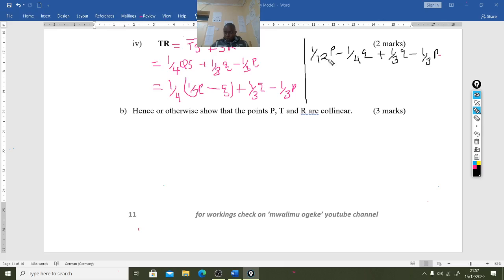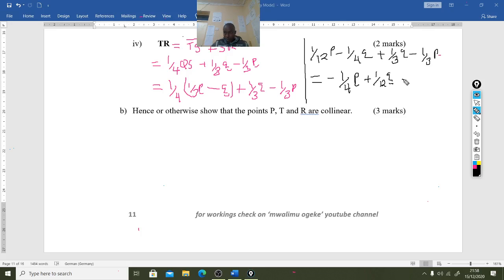So that if we put like terms together, this and this one, we shall get negative a quarter p plus 1 over 12 q.